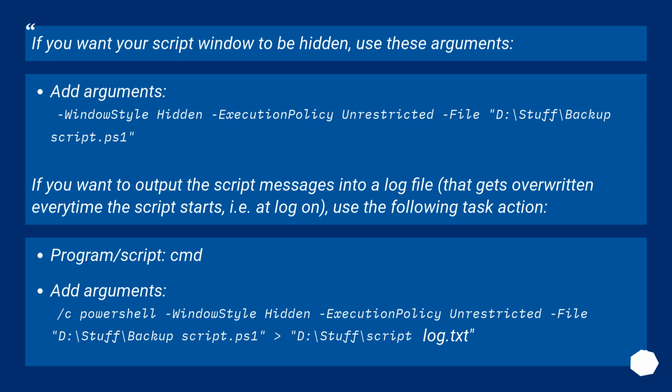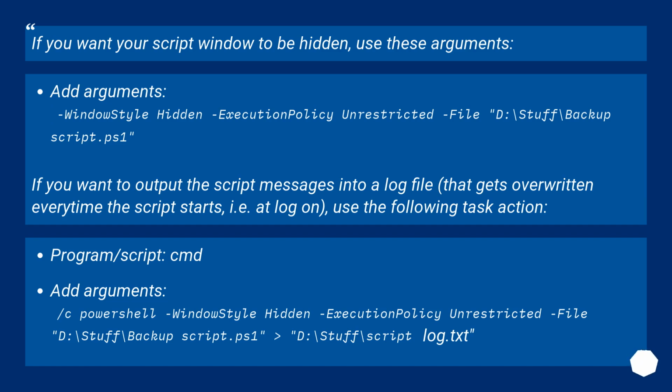If you want your script window to be hidden, use these arguments. Add arguments: -windowstyle hidden -executionpolicy unrestricted -file d:\stuff\backup script.ps1. If you want to output the script messages into a log file, that gets overwritten every time the script starts, i.e. at logon, use the following task action.